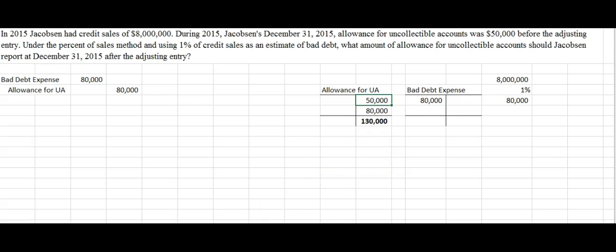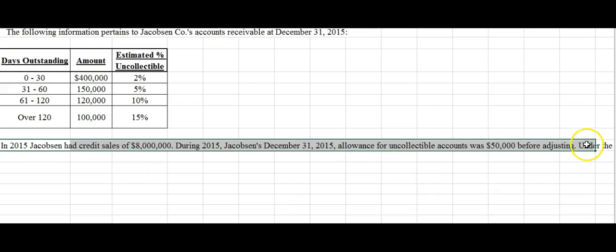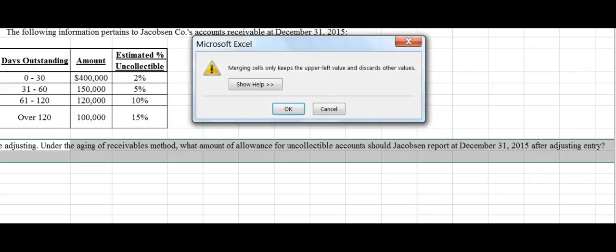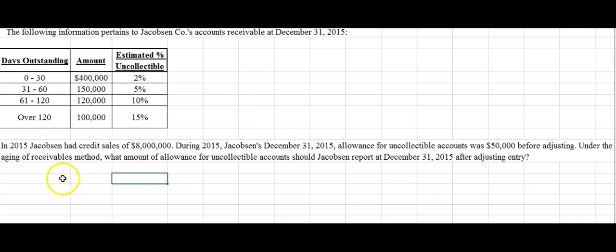We're almost there. Two more. This one is using the, we can't see it here very well, so let's wrap it up. Oh, okay. Now we can see the full question.